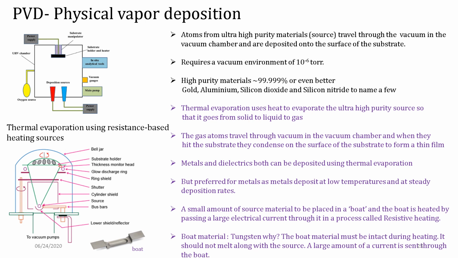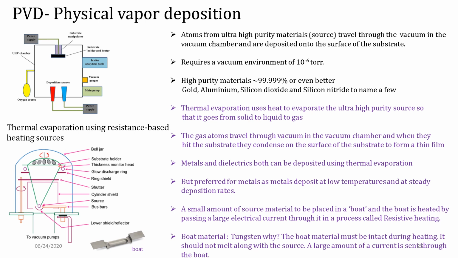One of those techniques is thermal evaporation, where you just use heat to evaporate a very pure source. Say you have a boat and you put your very pure material on top of it, and make sure that it heats up so it starts evaporating, and you need to make sure that there are very few atoms inside the vacuum chamber.